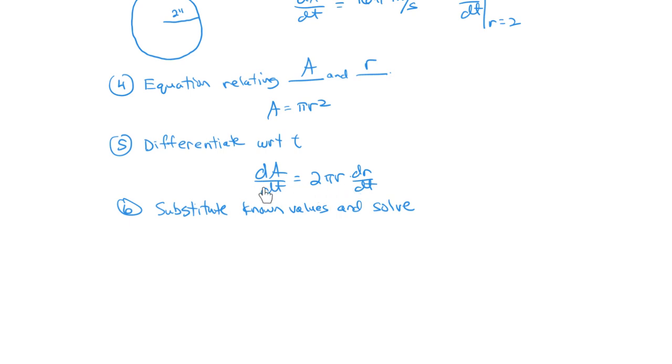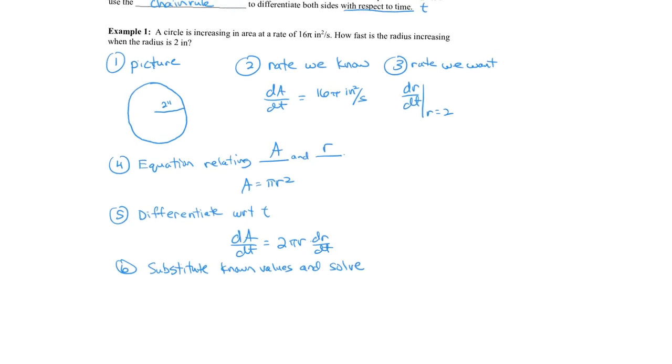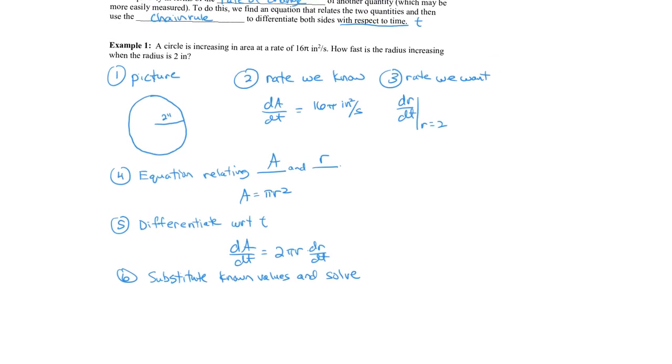The values that we know here, we solve. So we had earlier, if I look at this from what we had up here, dA/dt is 16 pi, right? Square inches per second. So I'm going to put 16 pi here, 2 pi r, dr/dt. Well, we're looking for dr/dt, but we're looking for it at the point where r equals 2. So I'm going to plug in a 2 for r.